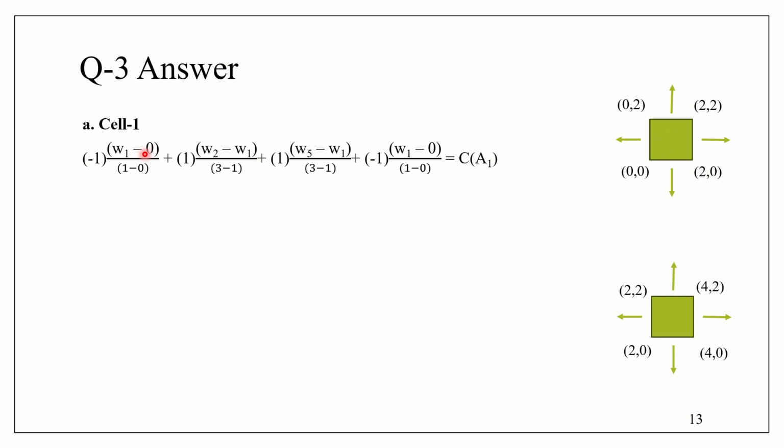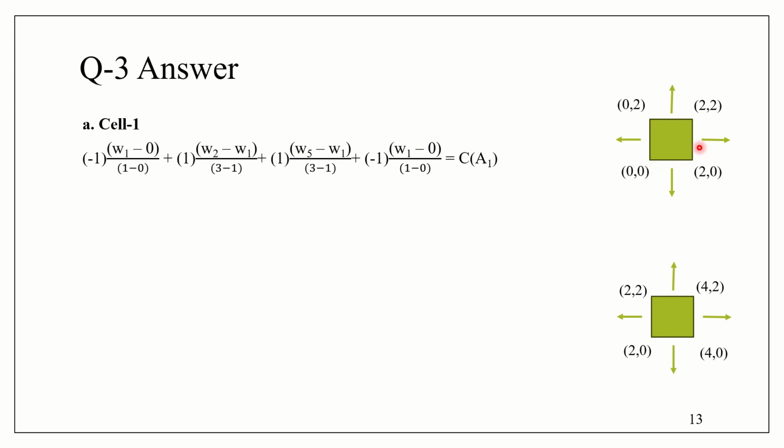So for cell 1, W1 minus the velocity at the wall. We are stopping over here because next to it on the left-hand side we do not have any particular cells. So W1 minus 0, divided by the centroid point, which is 1, and we are stopping at the wall, so 1 minus 0.